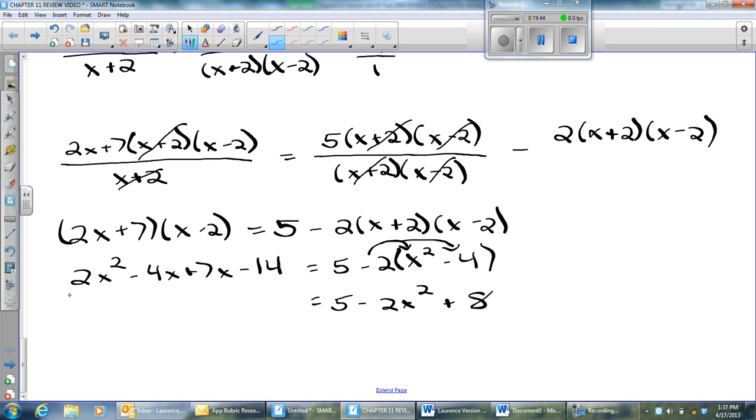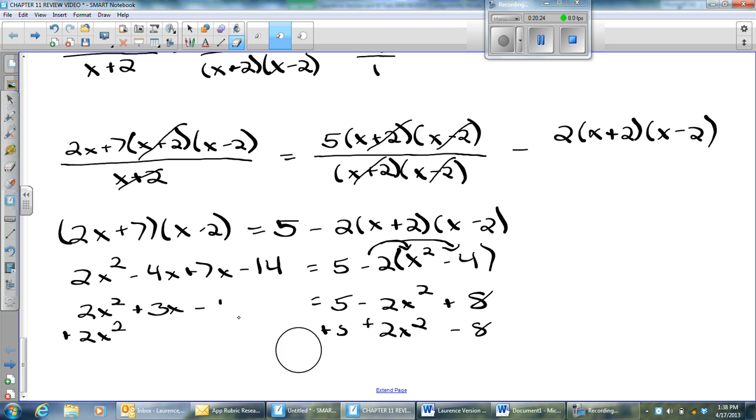Okay, over here, let's combine like terms. We have a negative 4x plus a positive 7x, which gives us a positive 3x minus 14. All right, let's try combining some like terms. Let's add this 2x squared to this 2x squared. Let's subtract an 8, subtract an 8, and let's subtract 5. Oh wait, we can combine that. All right, let's just do one step at a time.